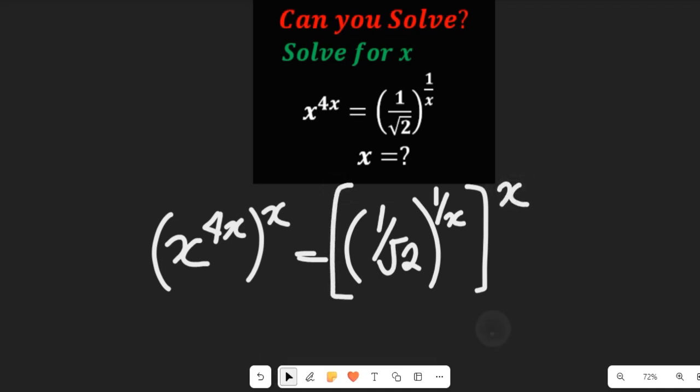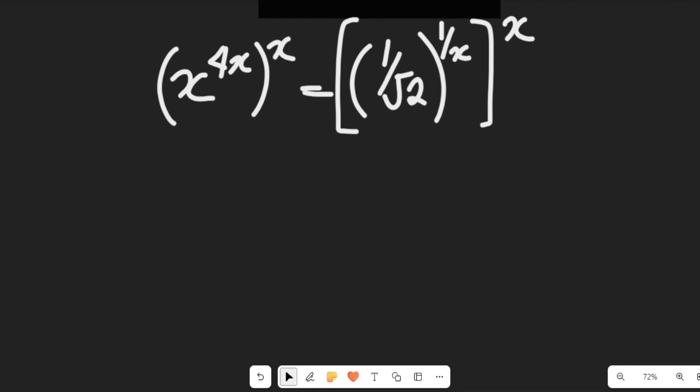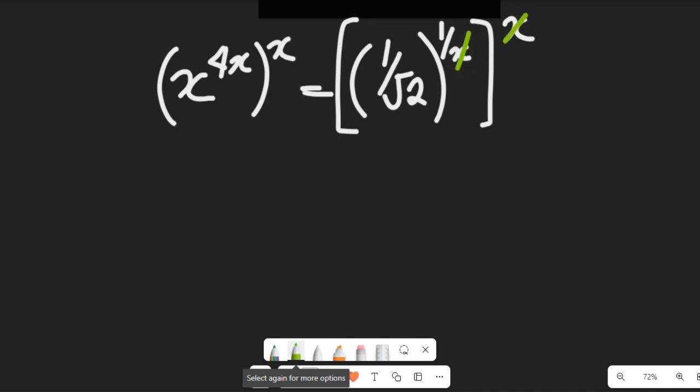Now, you do know that when you have exponents, they will have to multiply. With that, this exponent is going to multiply this to clear this. And voila, I've cleared that fraction.